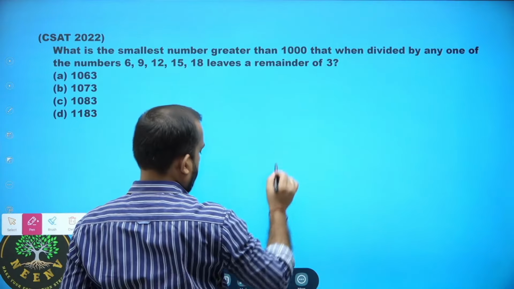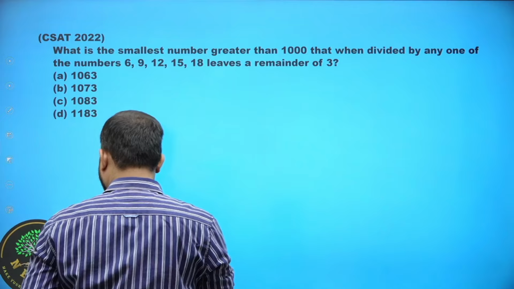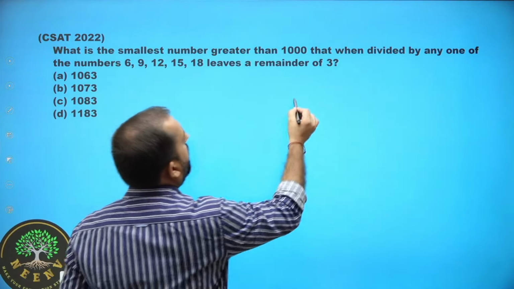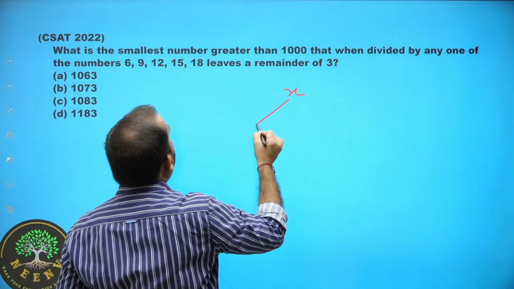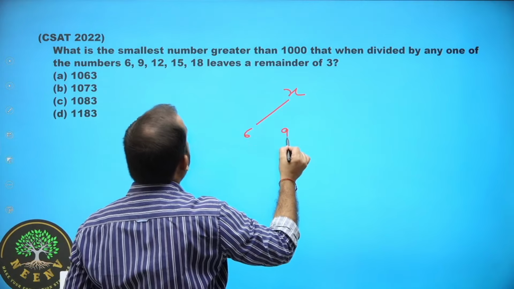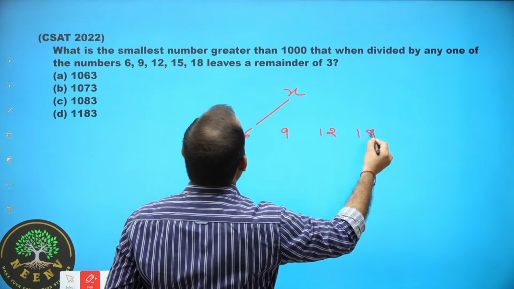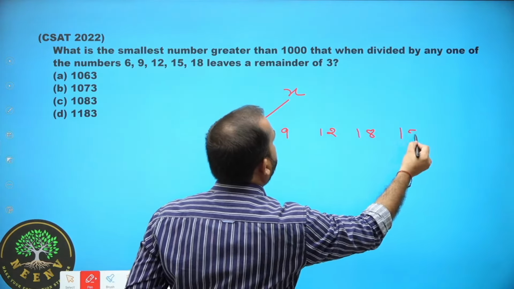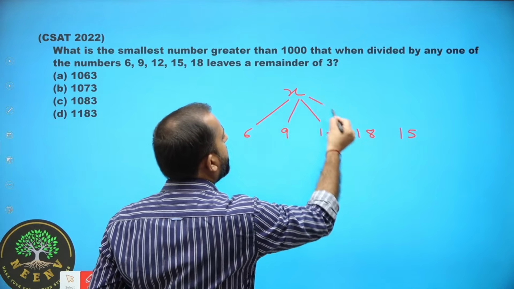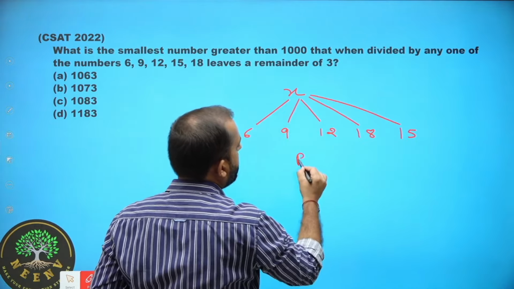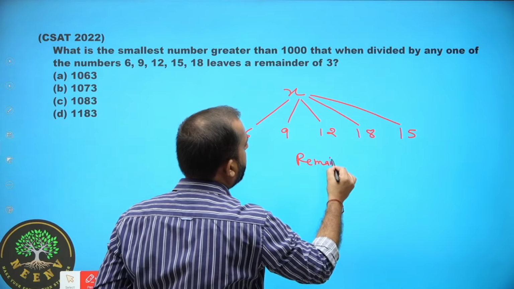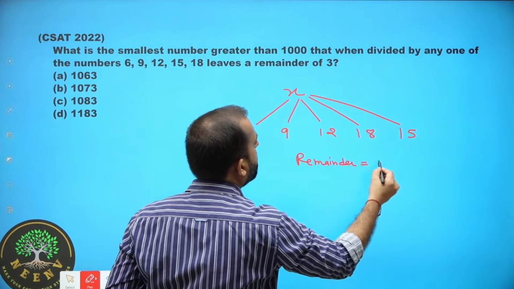X is a number which is divided by 6, 9, 12, 18 and 15, and in every case the remainder obtained is 3.